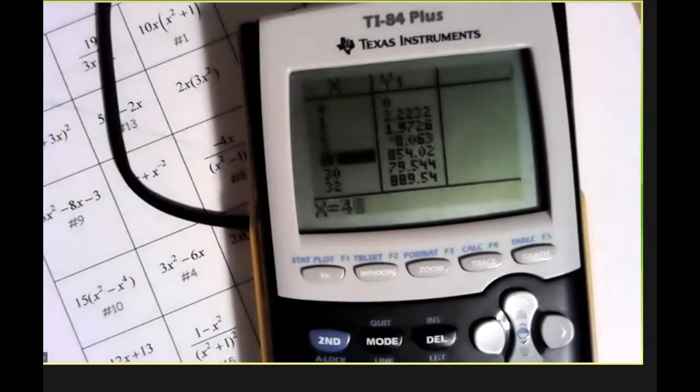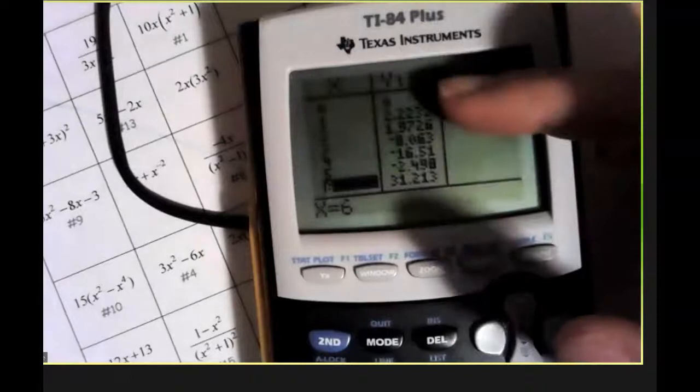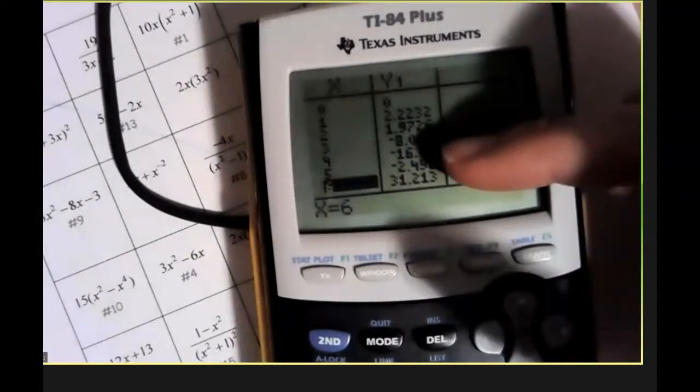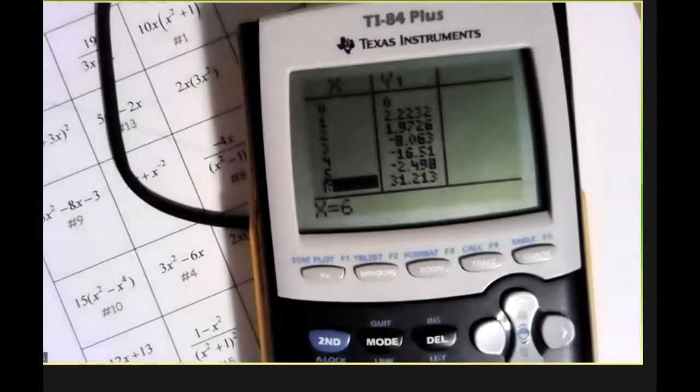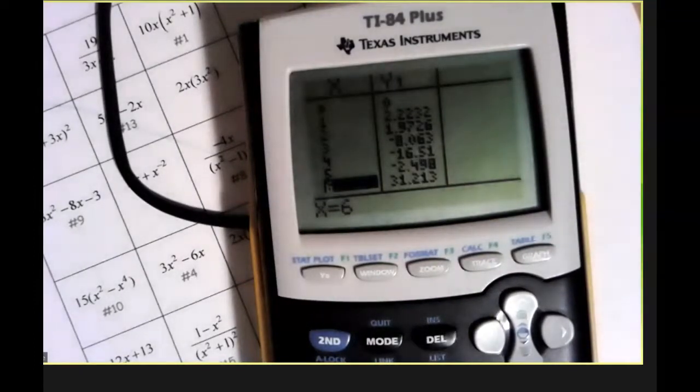If you look at a simple table, what you should notice is that it goes positive, negative, positive, negative, and that pattern is going to repeat. Every time you see a sign change from a positive to a negative, that tells you that you have an intercept.